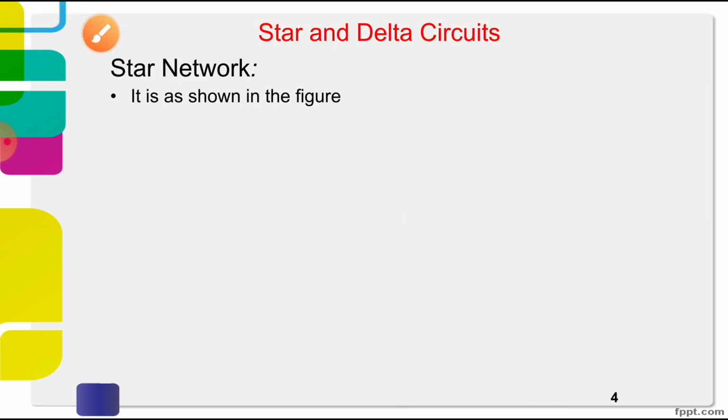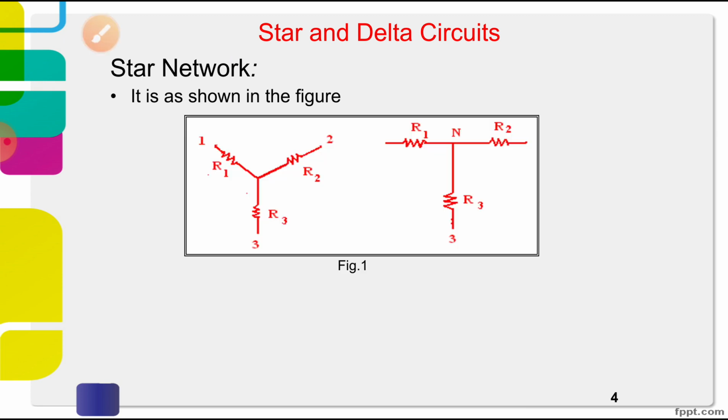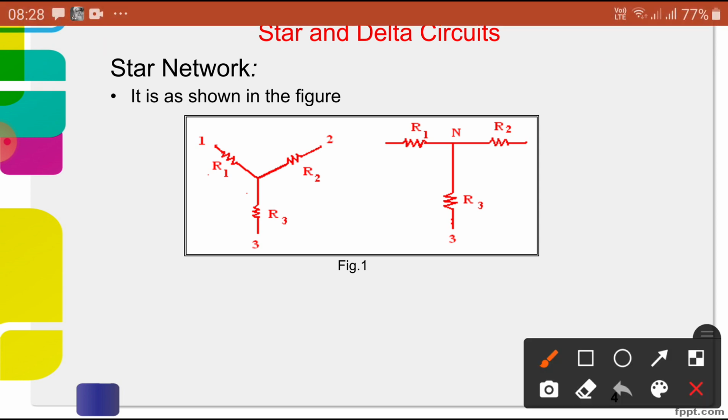Now, what is this? A star network. You can see a star network similar to this simple network. If all the similar ends of resistors are connected to a common point, it is said to be a star connection. Here, one resistor is connected here, another resistor here, another resistor here.